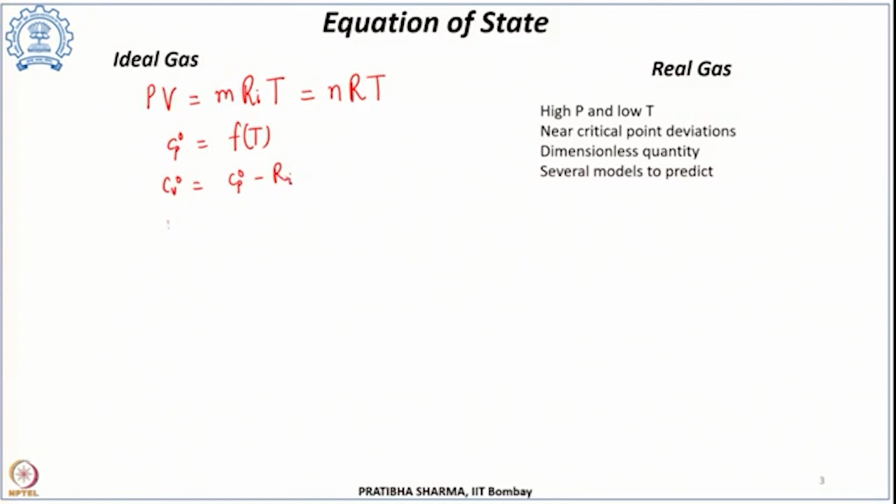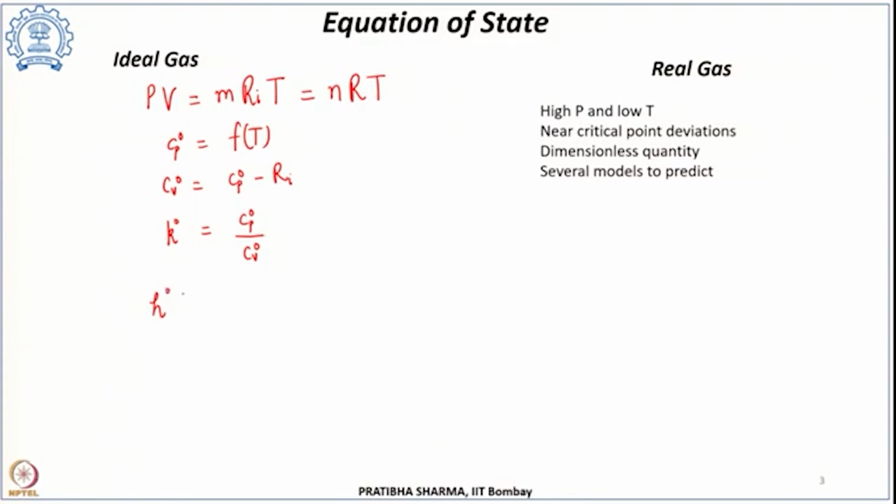We can define for an ideal gas an isentropic exponent, which is the ratio of the isobaric specific heat to the isochoric specific heat. At the same time, we can find out the enthalpy of the gas.